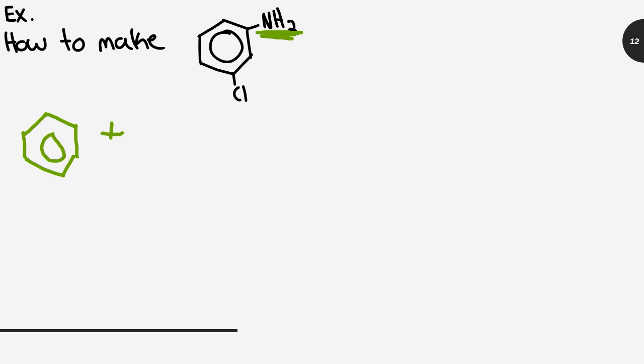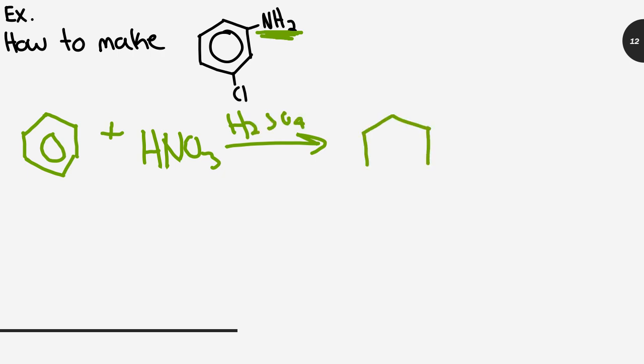So I know if I put a nitro group on the ring, I can eventually reduce a nitro group to that. And nitro groups are meta directors. So what I'll do first is a nitration reaction, which puts a nitro group on the ring.